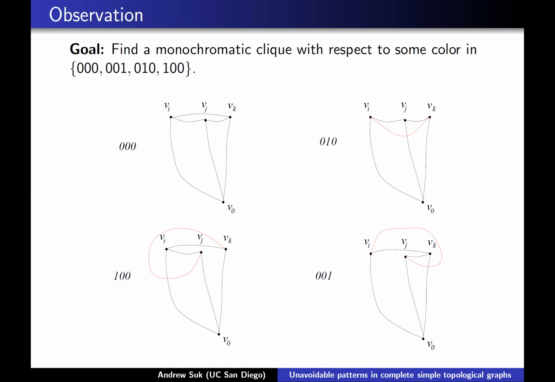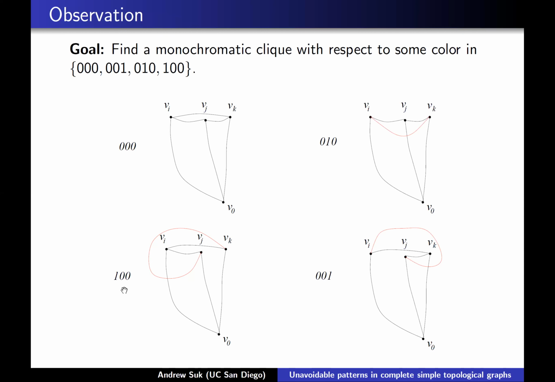And then what they do is they basically just try to find m vertices such that every triple has the same color. So for example, if you find m vertices such that every triple has this 0, 1, 0 pattern, then it's not hard to see that those m vertices will correspond to the complete convex geometric graph.